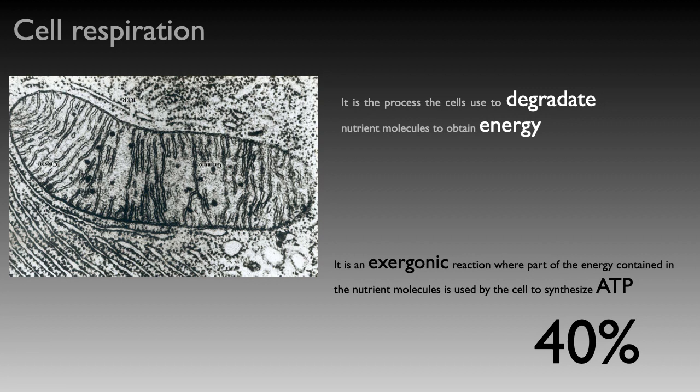So the cell can extract up to 40% of the energy contained in a given molecule like glucose. And just in case you think this is not much, the most efficient car engines can extract a maximum of only 25% of the energy contained in fuel. So the cell wins because nature's design is much more efficient.